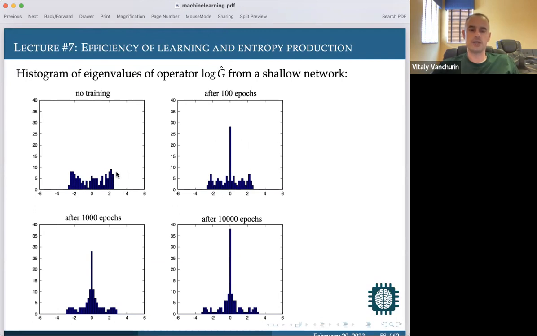We already discussed, and we'll talk about this more, it's completely symmetric. And so, yes, some of the eigenvalues try to move to the left, but they don't get far. In the initial conditions, you have something like this. After training, you have this peak emerging in the middle. But the system is completely symmetric, and so you do have runaway solutions on the left, but those runaway solutions don't go far to the left and get stuck there.